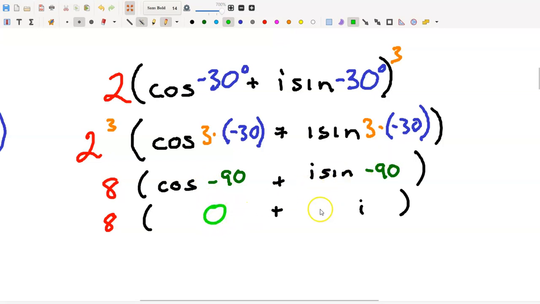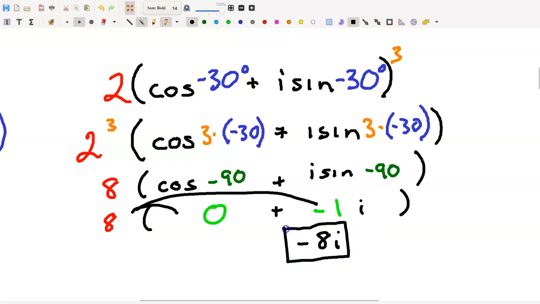Sine of negative 90, negative 1. And then finally it simplifies to 8 times 0 is just 0. 8 times the negative 1i would be negative 8i. That's your final answer. We should probably put some equal signs in here. There we go.